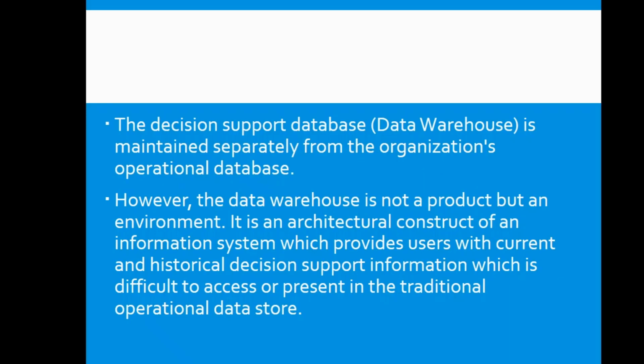The fourth factor is the workplace is increasingly heterogeneous in terms of hardware and software. Workplace means your organization. And lastly, legacy systems need to and can be integrated with new applications. So, these are the reasons why database systems have now become very important.